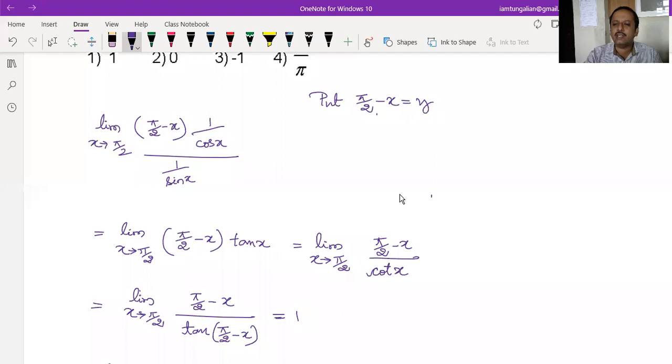When you are introducing a new variable, you have to change the limits also. As x tends to pi by 2, y will tend to 0. In place of x, if I substitute pi by 2 here, pi by 2 minus pi by 2, y will become 0. So now, I will replace limit x tends to pi by 2 with the limit y tends to 0. Pi by 2 minus x will become y. Denominator will be tan y. So limit y tends to 0, y by tan y is equal to 1.